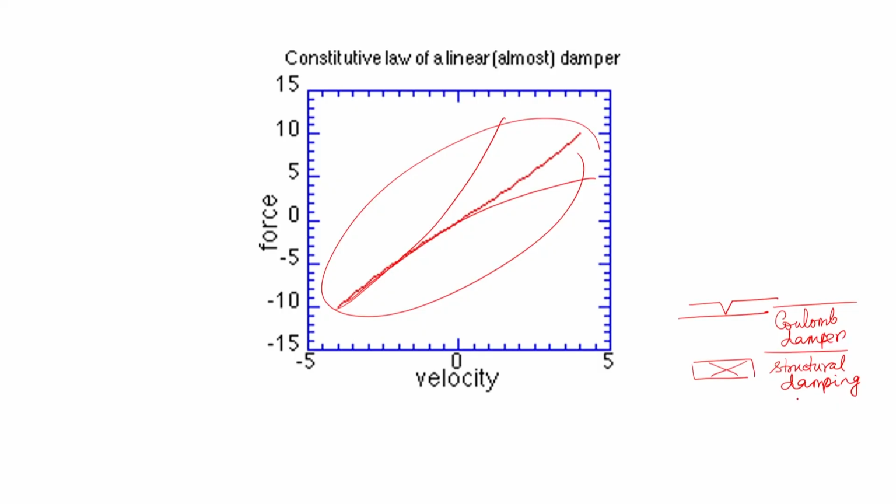So you can have a structural damper, a Coulomb damper, or a viscous damper, which I talked about earlier, and which can be of two types, linear and nonlinear. So we have the spring as one element of a dynamic structure, and the damper as another important element.